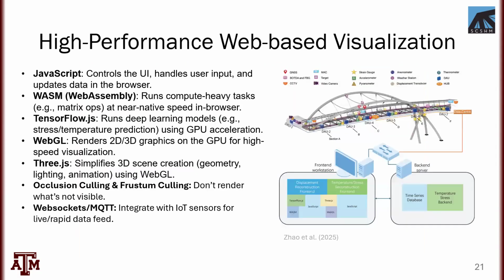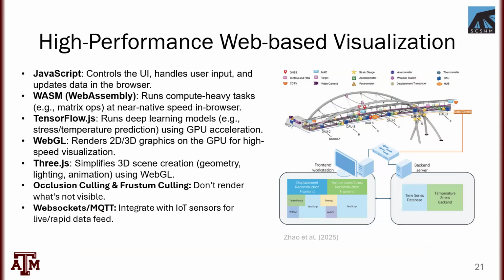Another thing that's often of interest, especially to many DOTs, is this concept of high-performance web-based visualization. It's basically trying to visualize sensor and model data in real time on a web-based platform, which is useful. It could inform authorities, engineers, inspectors. What I've done on this slide is I have posted some of the tools that are necessary, that are useful.